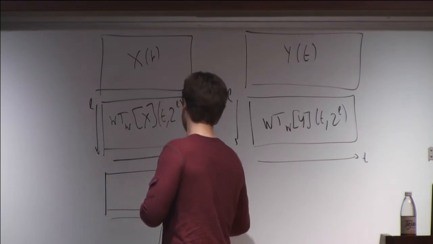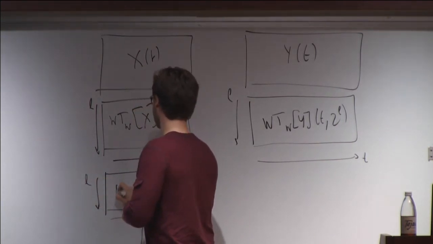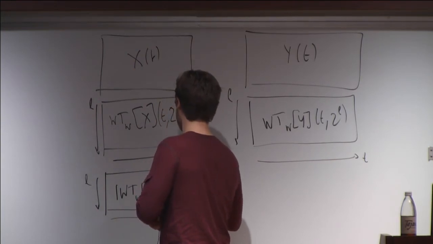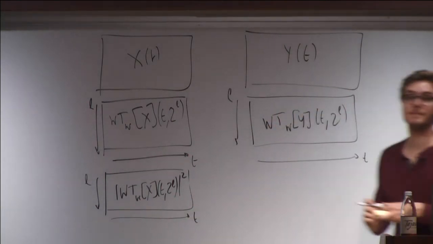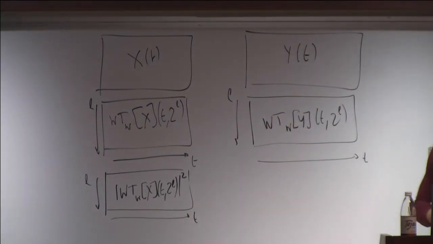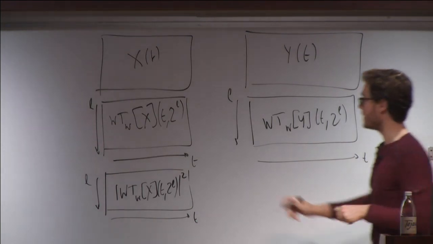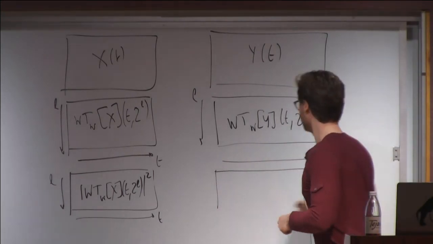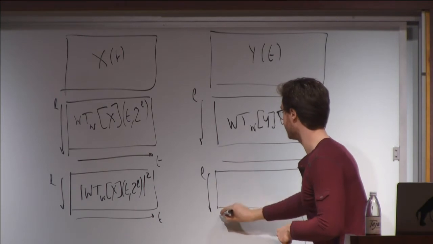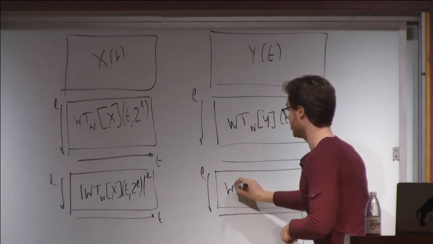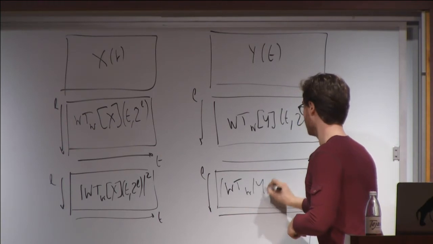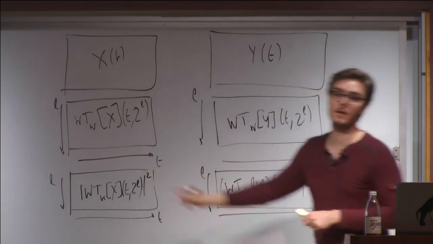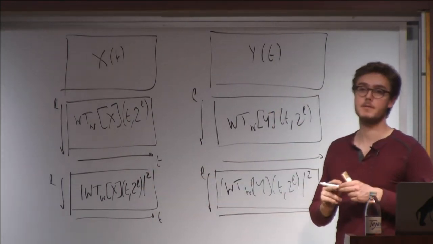What I can do is compute the magnitude squared, if I want, of each of these elements. Okay? It's as if I was squaring all the different pixels of an image. Okay? Gives me basically the repartition of energy across scales and across time of the variations here of my function. So same thing here for y. So this reveals information that is intrinsic to each of the time series.